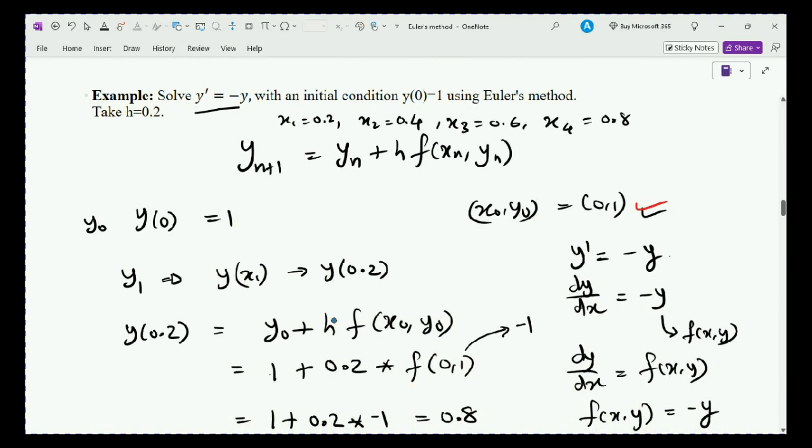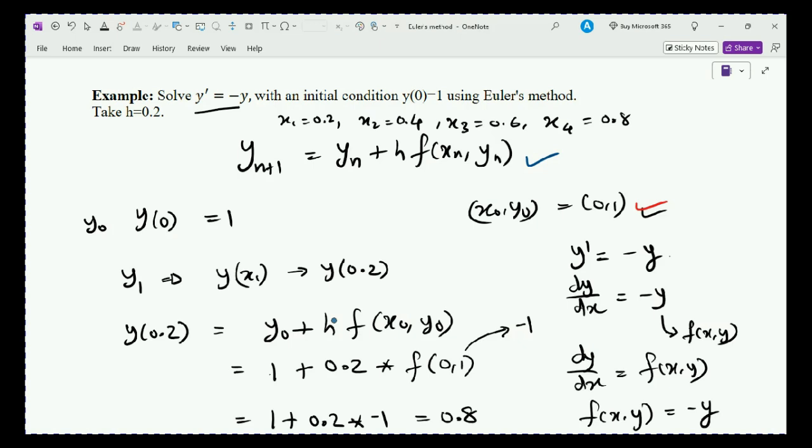This is the differential equation with an initial condition given, and using Euler's method we have solved this. For different x values, x1, x2, x3, x4, we found the corresponding y values using this equation.